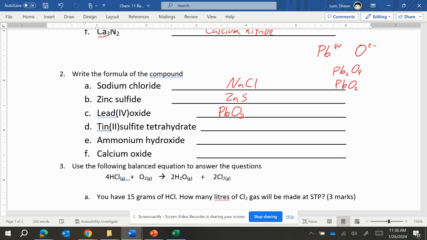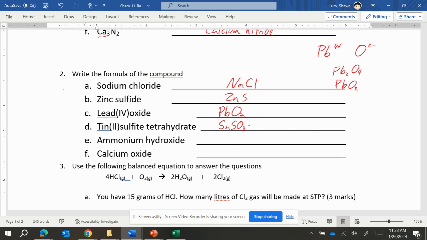Okay, so hard to read too. Tin is Sn. Sulfite is SO3. SO3 is 2 minus, and tin it says it's 2 plus, so it'll just be like that.